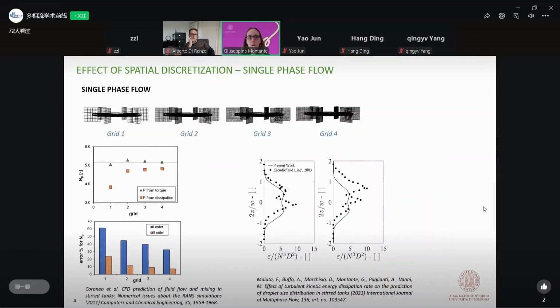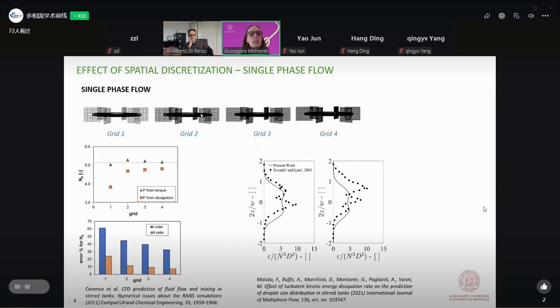One aspect that I want to stress particularly is also the importance of the spatial discretization of the computational domain that is already important in single-phase flow, and it becomes even more important in the case of 2-phase flow.